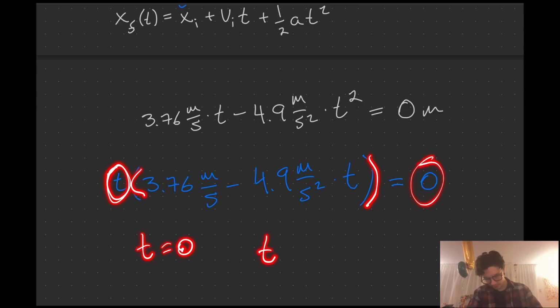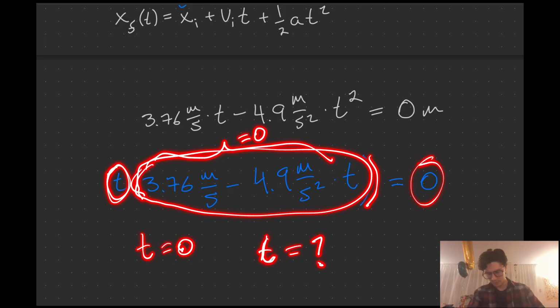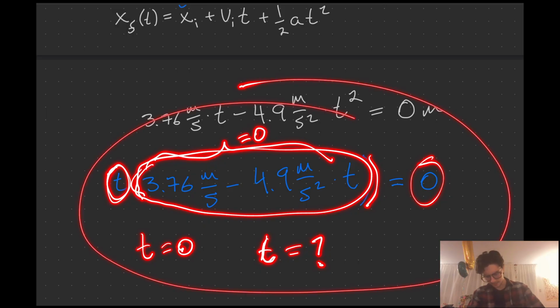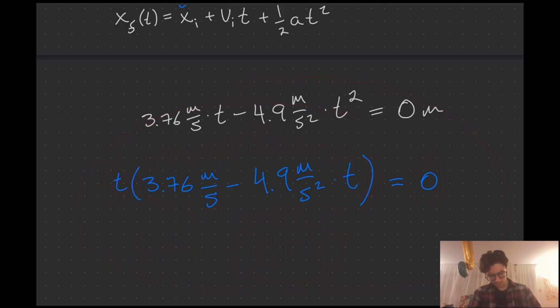Or another scenario where t is equal to some question mark, but whatever that question mark is, it makes this entire thing equal to 0. You see what I'm saying? So if this entire thing in the brackets equals 0, then this equation is true, and that will give us a new time. So when this equation is equal to 0, it looks like this.